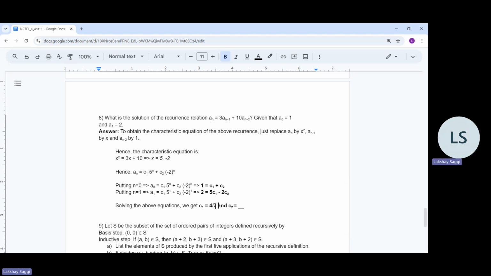And what will be the value of C2? If we put C1 equals 4 by 7 here, we obtain C2 equals 3 by 7. So these are the values of C1 and C2. C1 is 4 by 7 and C2 is 3 by 7.